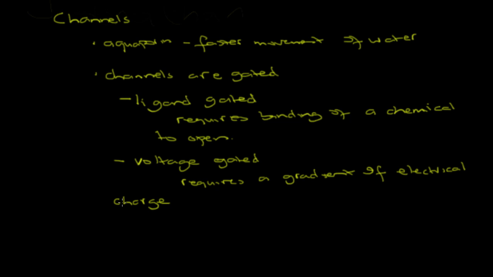And there is a charge difference across the plasma membrane, which is due in part to the negatively charged proteins inside the cells. So the inside of the cell is more negative relative to the outside.